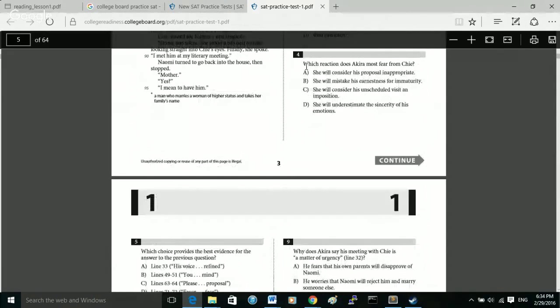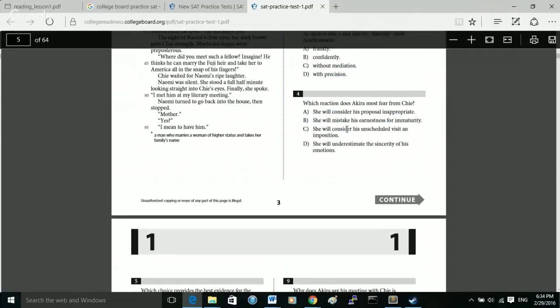Question 4. Which reaction does Akira most fear from Chi? Is it answer choice A? She will consider his proposal inappropriate. Perhaps. Is it answer choice B? She will mistake his earnestness for immaturity.